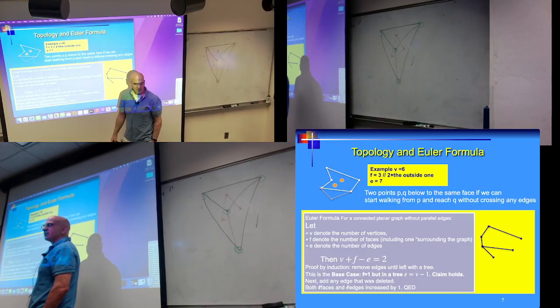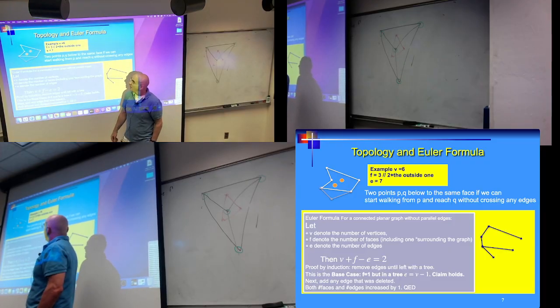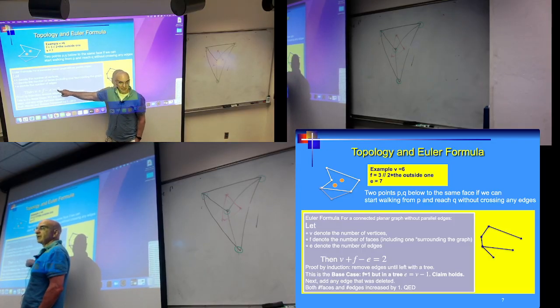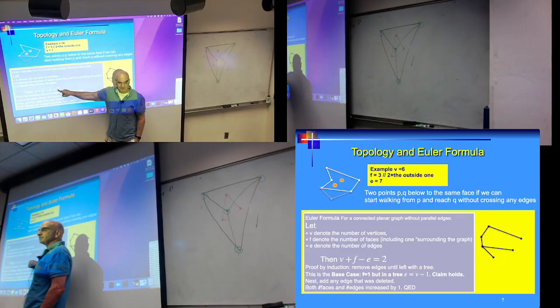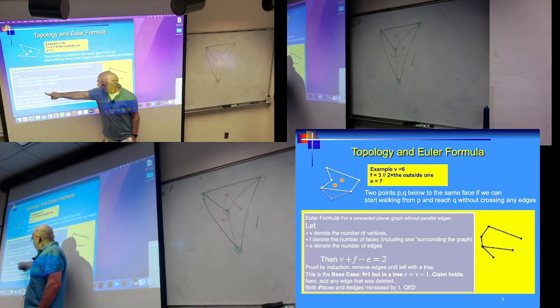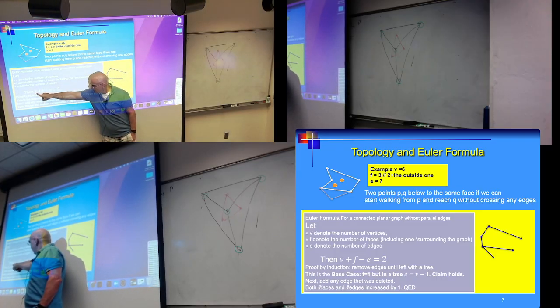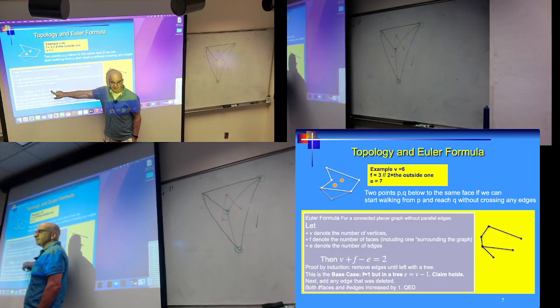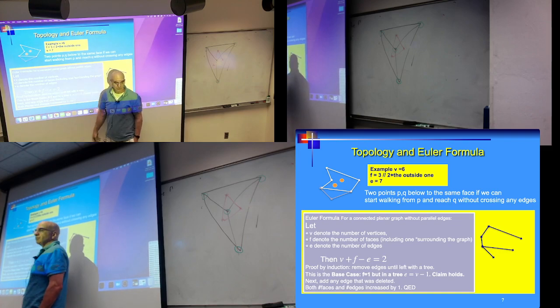Euler formula tells you as long as you are drawing this graph on the plane, then there is a very simple formula that tells you how these 3 numbers relate to each other. Take the number of vertices, add to it the number of faces, and subtract the number of edges. It will be 2.